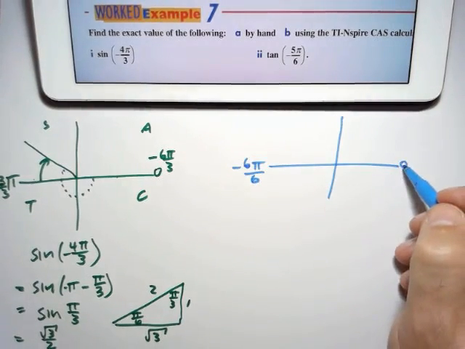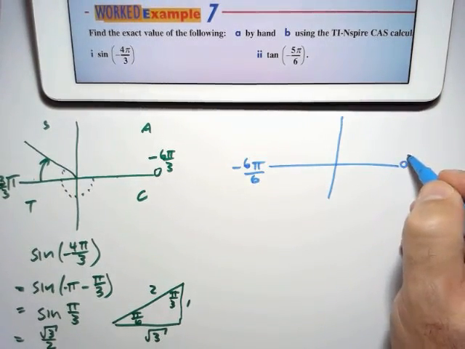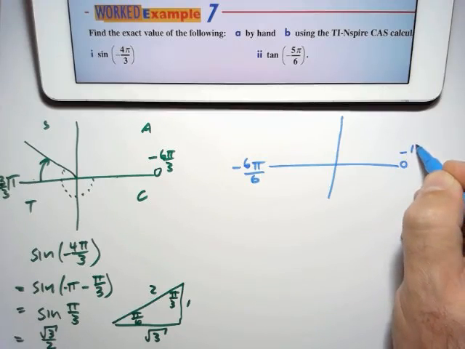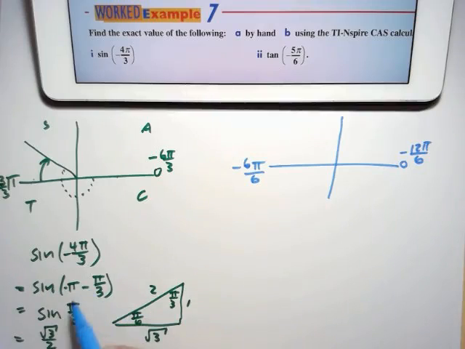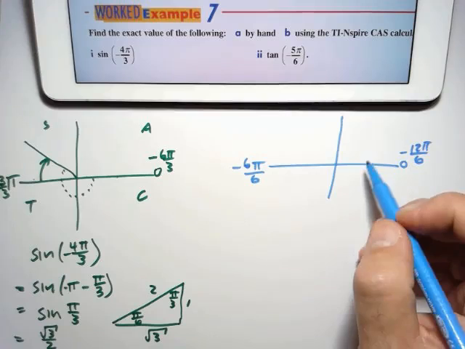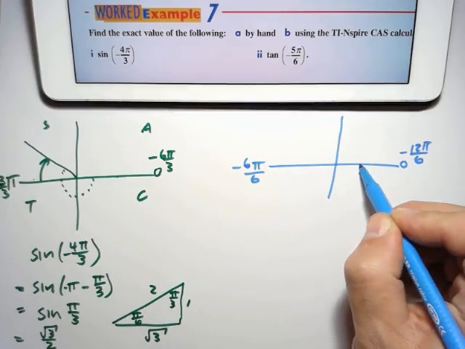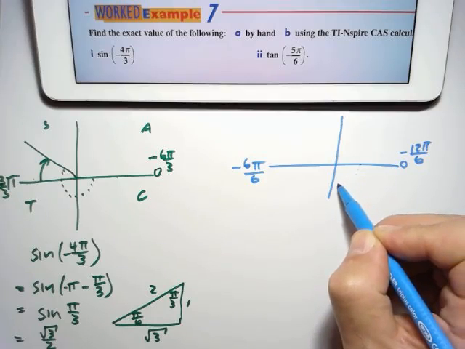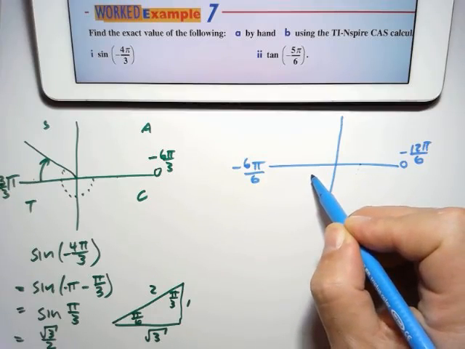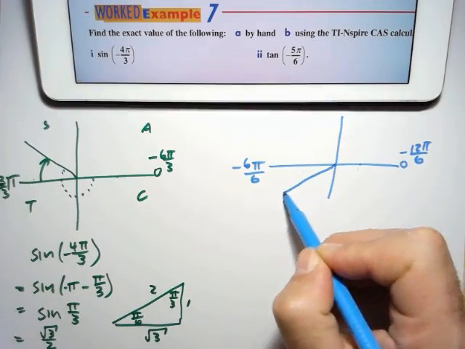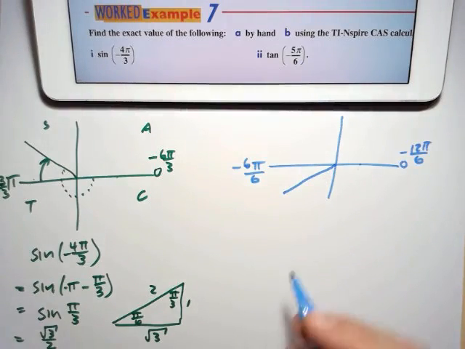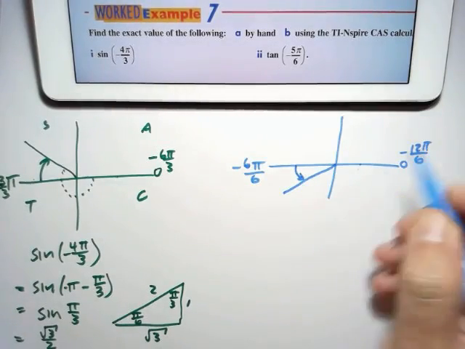And then negative 2 pi will be negative 12 pi over 6. We'll just make our maths easier over here. So if I go to minus 5 pi over 6, this is 0. I'm going to go into the negative direction, minus 1 pi, minus 2 pi, minus 3 pi, minus 4 pi, minus 5 pi. Minus 5 pi over 6 is going to be just before I get to minus 6 pi over 6, which means that this is my reference angle.